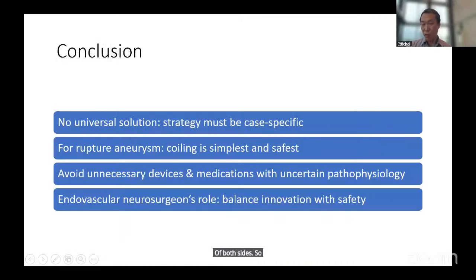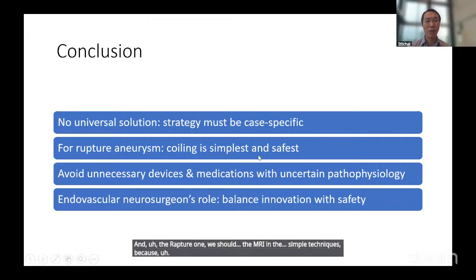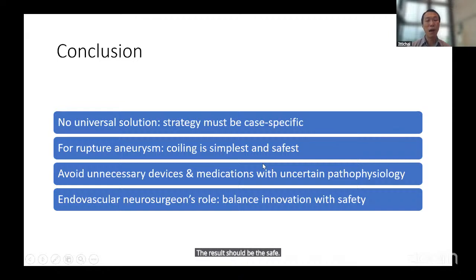So for my conclusion, the treatment of complex aneurysms requires a case-specific strategy, and for the ruptured one, we should embolize with the simplest techniques because the result should be safe for the patients.